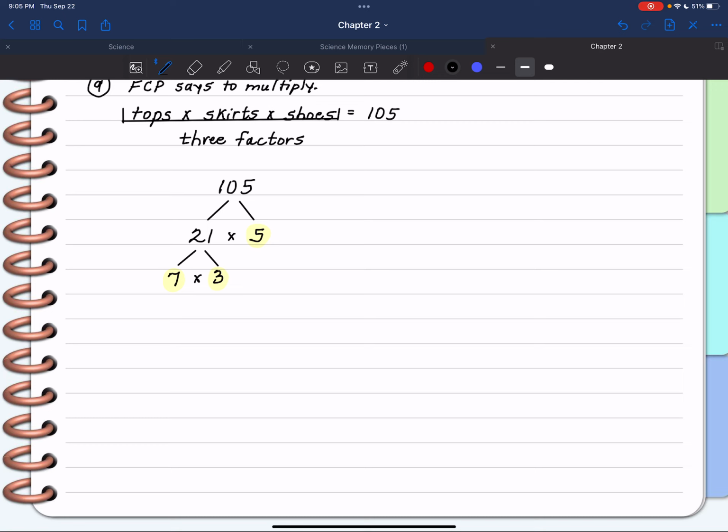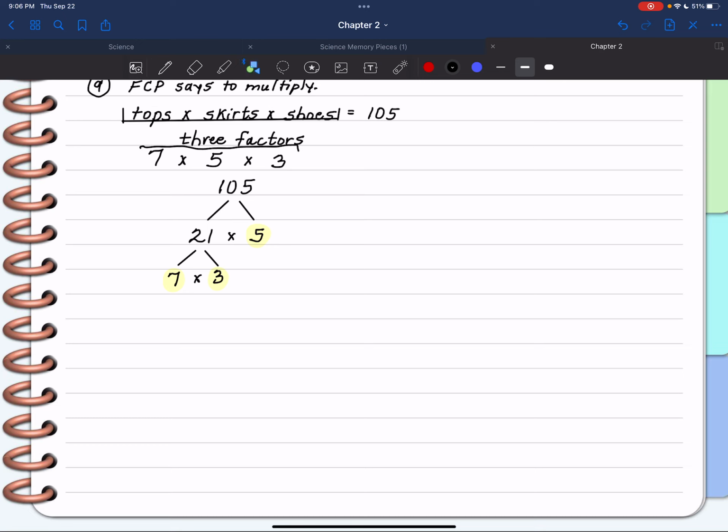So let me go back to the problem. It says that she has more tops than skirts and more skirts than shoes. This will work. She has 7 tops. That's more than 5 skirts. That's more than 3 shoes. They have to be in the correct order.